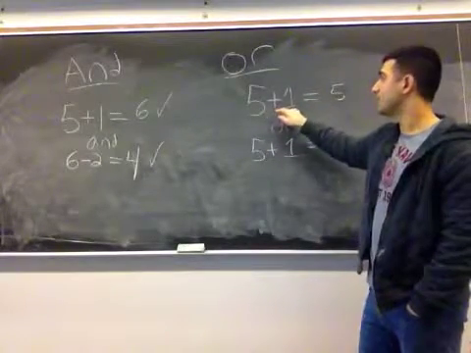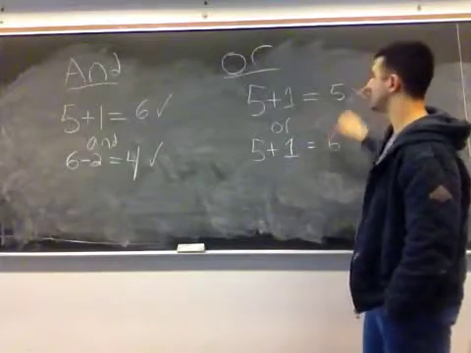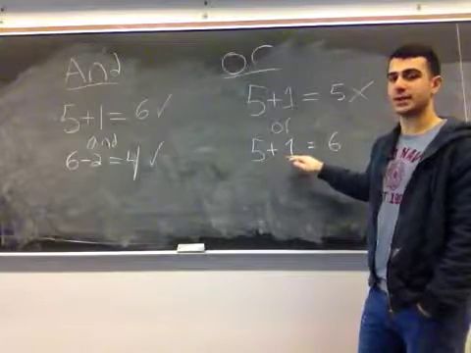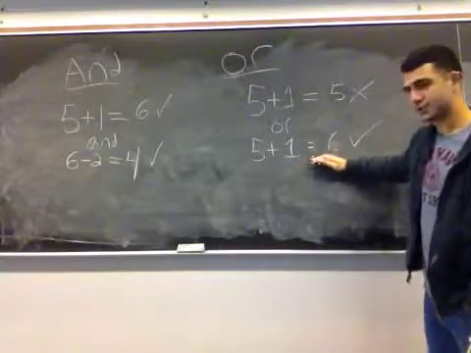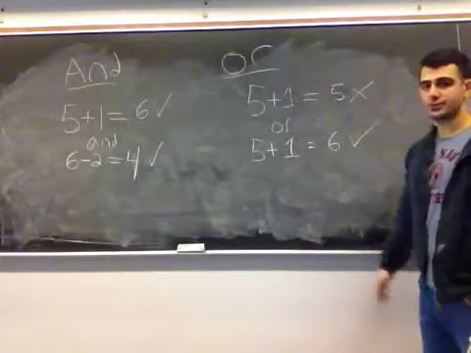So is 5 plus 1 equal to 5? It's not, so that's not true. Or is 5 plus 1 equal to 6? That is true. So because one of them was true, this whole statement or sentence is true.